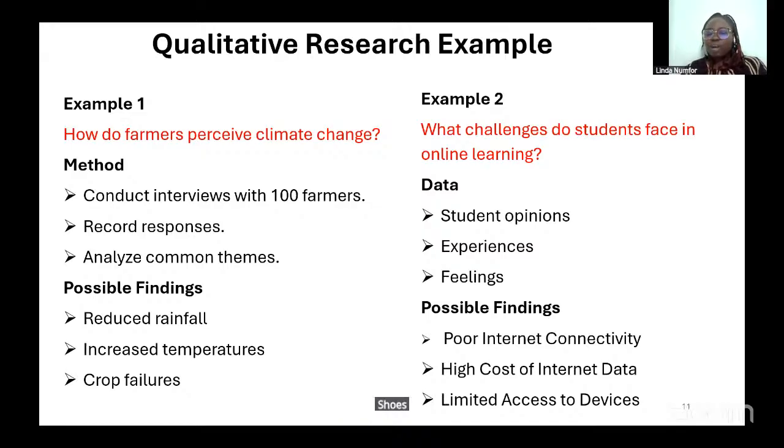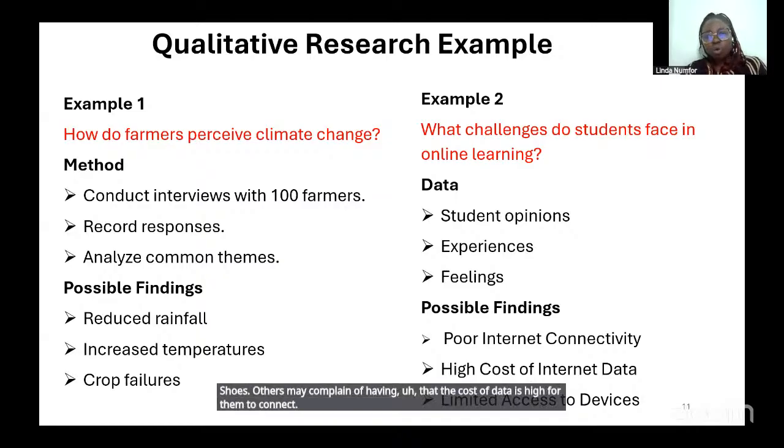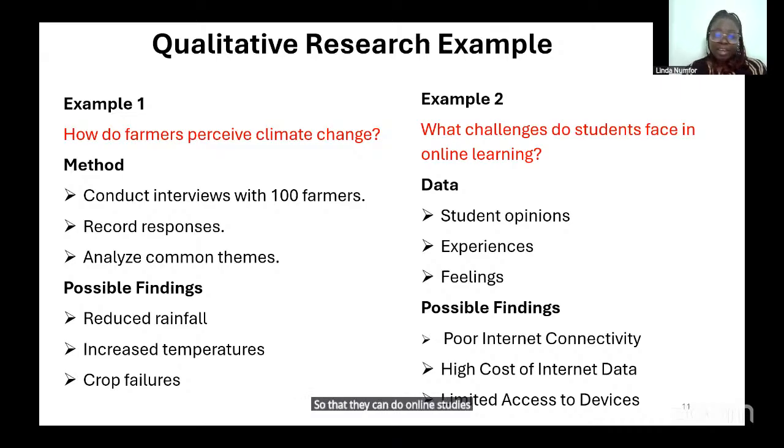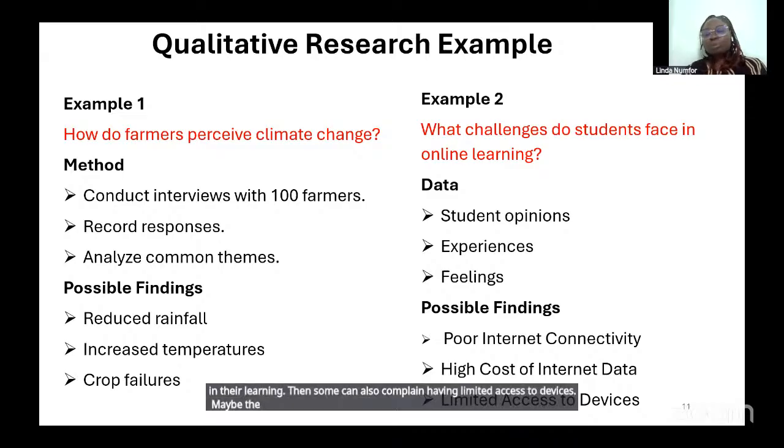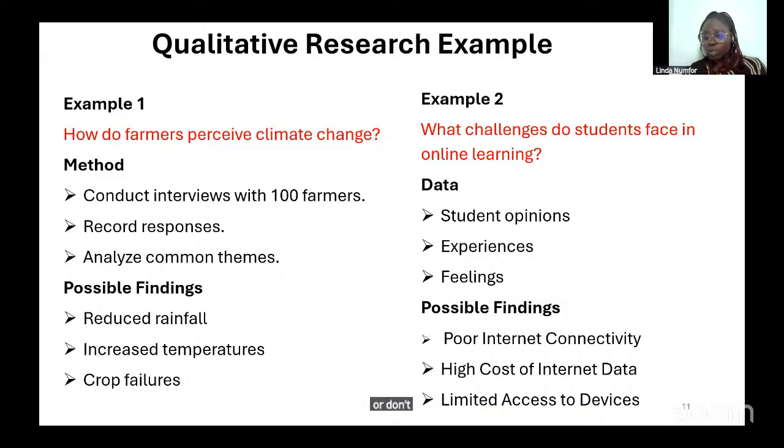Others may complain that the cost of data is high for them to connect so that they can do online studies, so they will prefer to be physical in their learning. Then some can also complain of having limited access to devices. Maybe the student doesn't have a laptop or a smartphone, so they prefer physical learning.